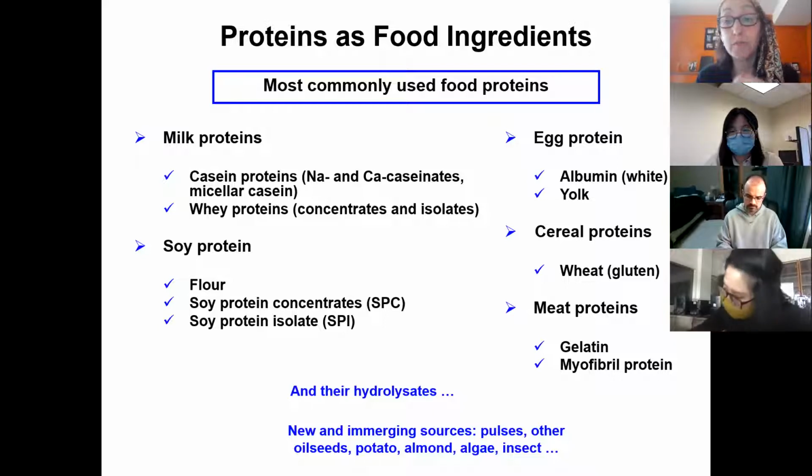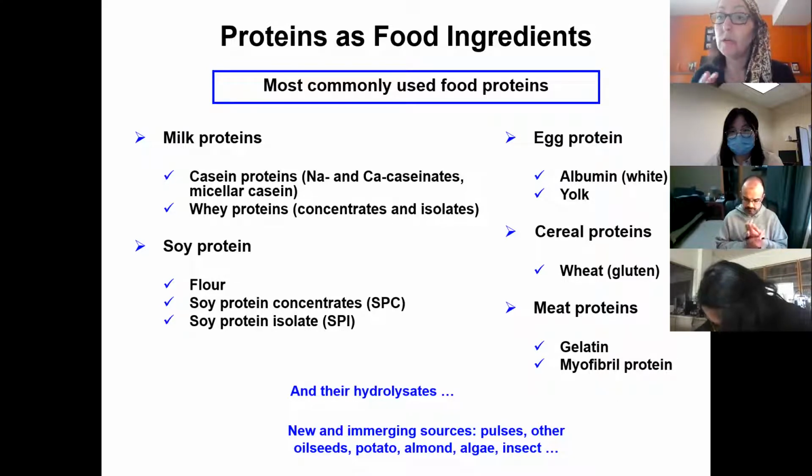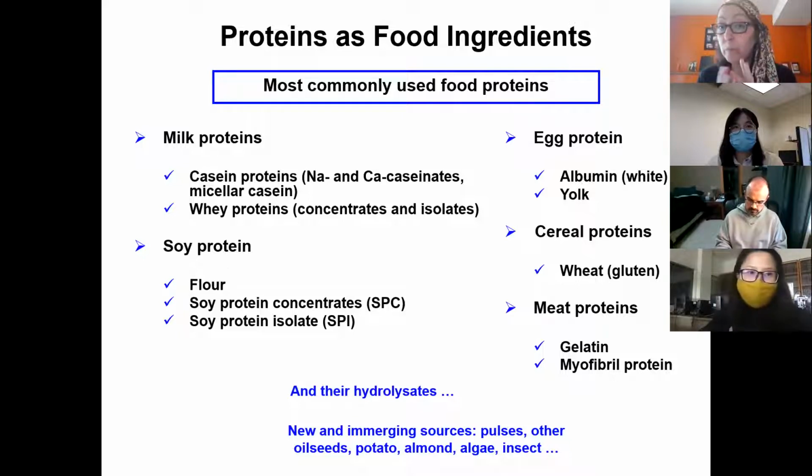In soy, we have three main ingredients. The flour is high in protein, so it's 50 to 60% protein, especially the defatted soy flour. So it is considered a protein ingredient. And then you have the soy protein concentrate, which is about 60 to 65%, can be a little higher too. And then you have the isolates, soy protein isolates usually above 90% protein. Then we have the egg protein, the albumin, and then the yolk, cereal protein, vital gluten is used in baking applications.